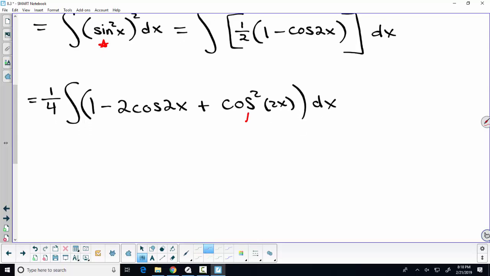Then we go back to the identity for cosine squared. We've got to rewrite that cosine squared of 2x using that identity. So using the identity, what's cosine squared of 2x? Okay, close. The one we just utilized was for an argument of x. Now we have an argument of 2x.